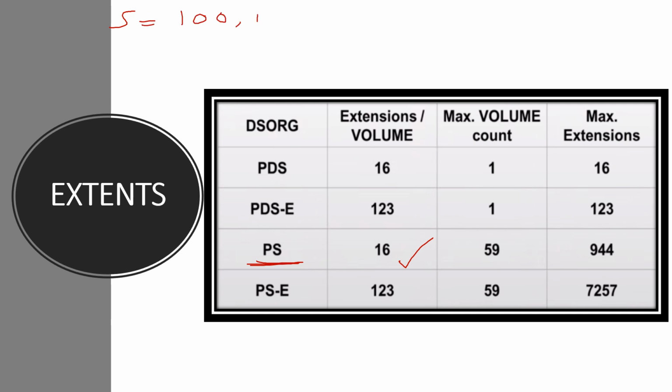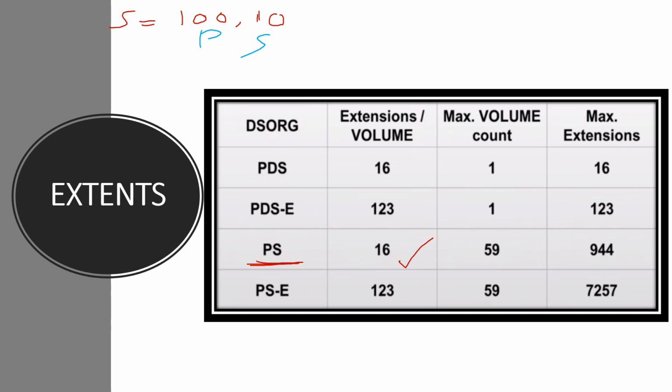This is how you define it; for a PS file, you need only primary and secondary allocation. If you have any queries, just refer to my previous video. You have given primary as 100 and secondary as 10. So how many times can you give 10 when you need the 101st track? How many times are 10 tracks given?